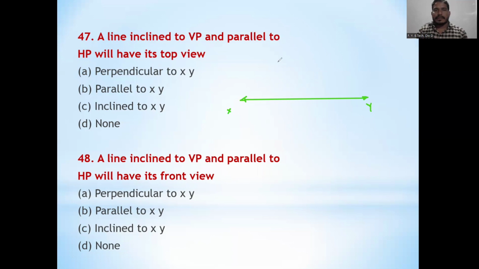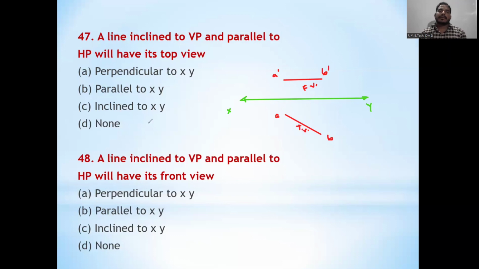Whatever its front view is, parallel to x1, the top view is inclined to x1. So this is A dash, B dash, A, B. This is the front view. This is the top view.